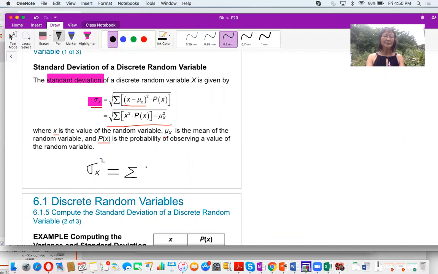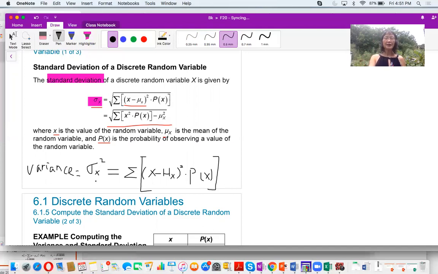It is sigma of (x minus mu x) squared, then multiplied by P(x). Once you have the variance, you take the square root of the variance, you get the standard deviation.